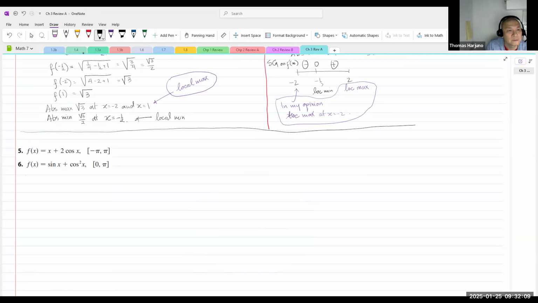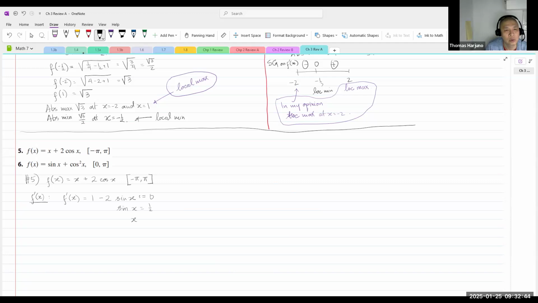So number 5, f(x) equals x plus 2 cosine x in -pi to pi. The first derivative will give us 1 minus 2 sine x. When I set it to 0, then sine x equals 1/2, right?